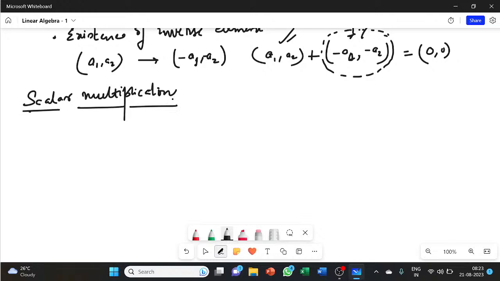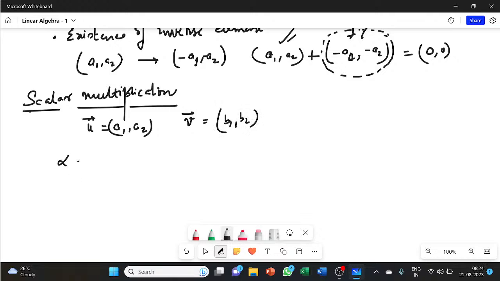The first property that you can relate is, let us say I have two plane vectors. Let's say u vector is given by a1 comma a2, and you have another vector v vector which is given by b1 comma b2. Let's say these are two plane vectors.